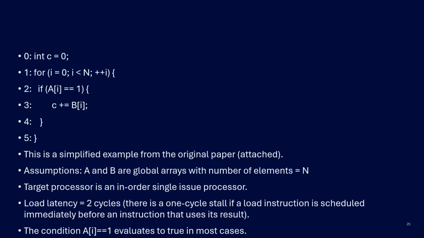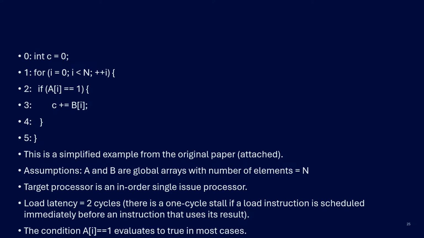From B2, how many successors does B2 have? B3, right? So that's why we have this. From B3 we can either go back to L1, the loop, or go to B4, that is L3.